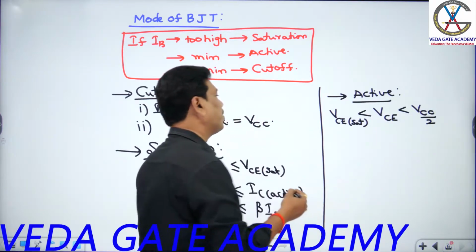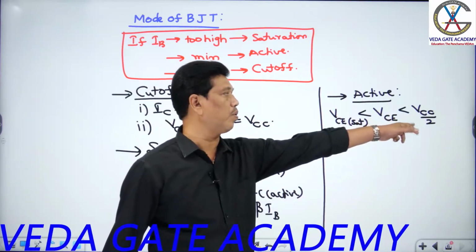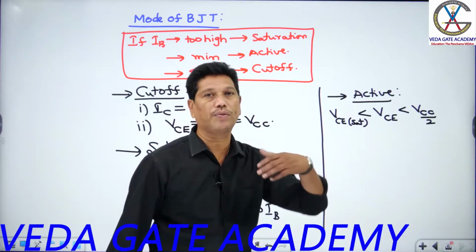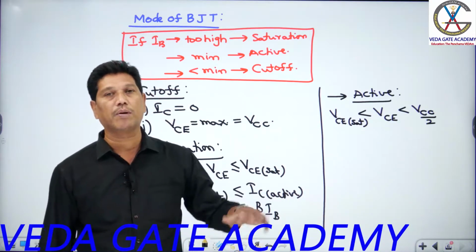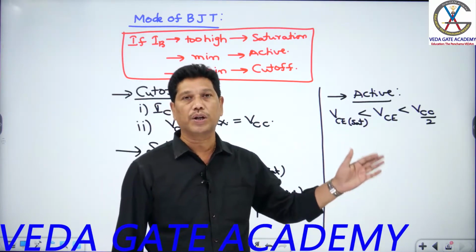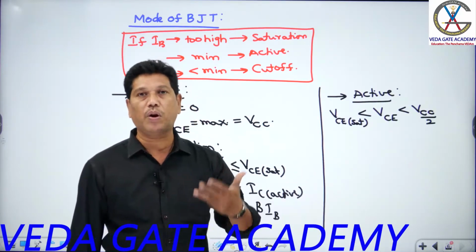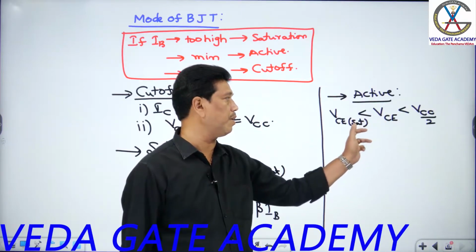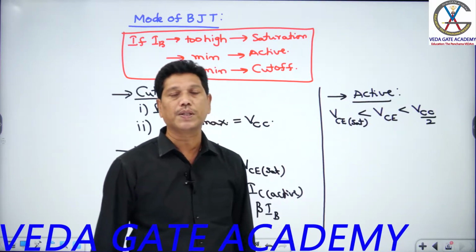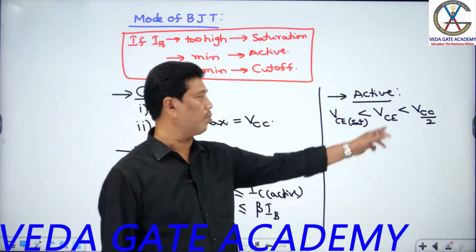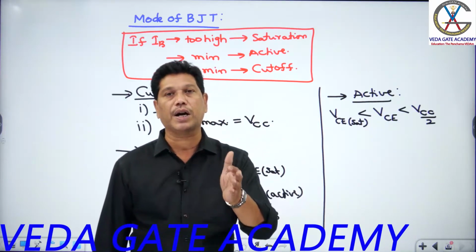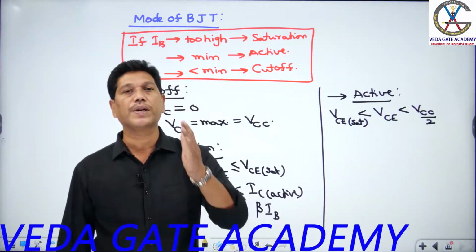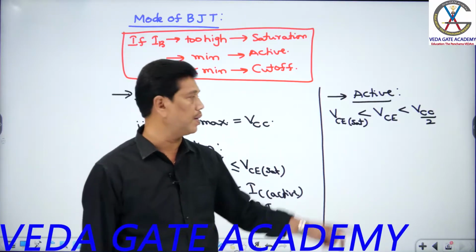So VC is in between these two conditions. Why don't you consider above this? If you go above, the Q point selection comes down, not at the center, so that you may get clipping of positive or negative cycles. So commonly VC is in between VCE saturation and VCC by 2, students. Already you learned that for good amplification, the Q point should be selected at the center of the load line, at which VC equals VCC by 2.